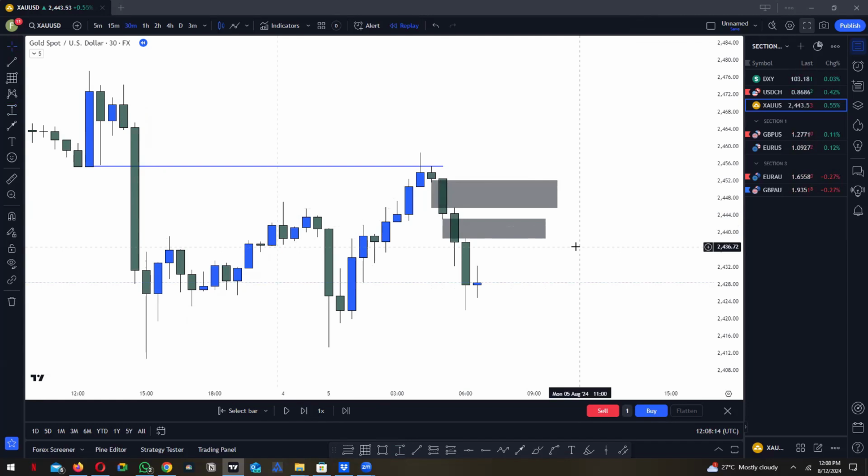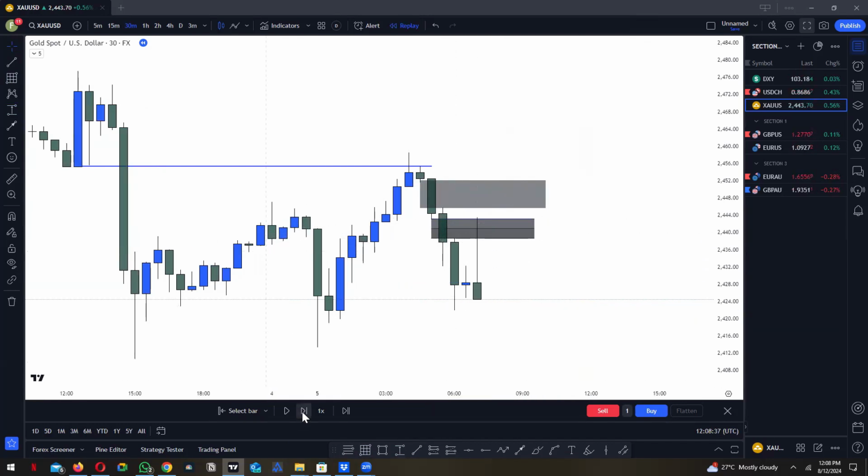So we need to identify our consequent encroachment of this, which is basically 50% of this whole range. We want to take our entry around the 50% level. We don't want to see price close above this whole FVG range.